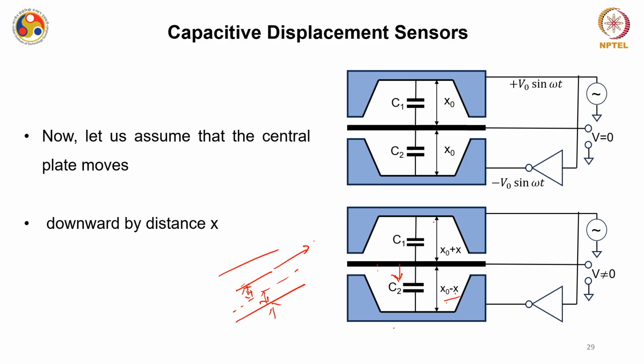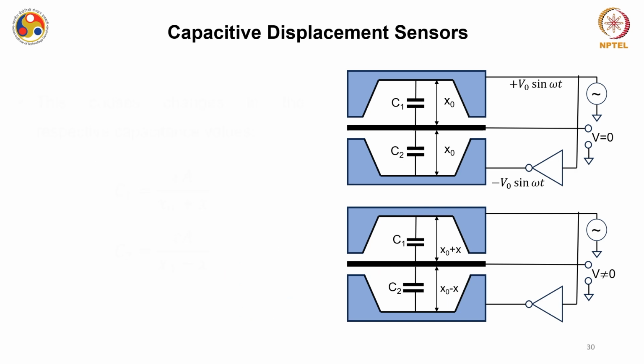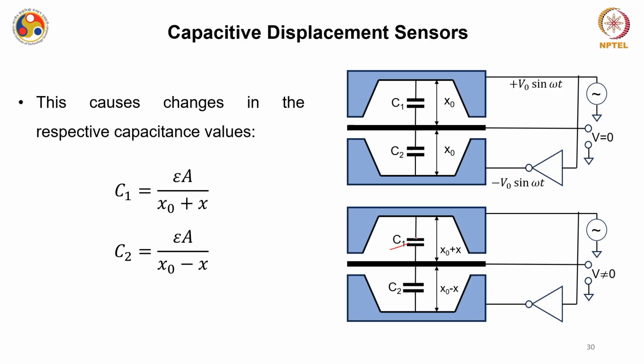And the distance between the top plate and the central plate increases and becomes x naught plus x. These distances will of course have an effect on capacitance C1 and capacitance C2. So the new capacitance C1 becomes epsilon A by x naught plus x. Please note that there is no change in area involved here.